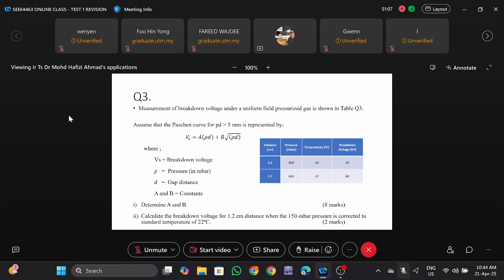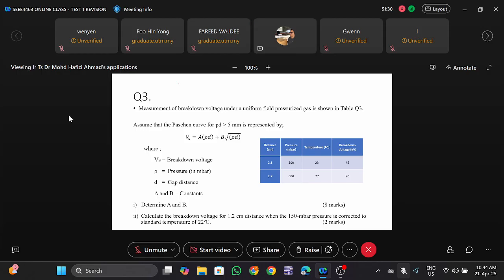As you go through my recorded videos from last week, because we have a synchronous class, you might see that we have two types of gases for these Paschen's law questions.